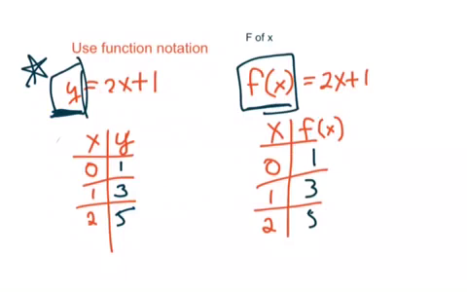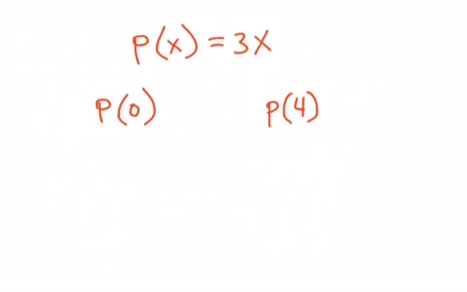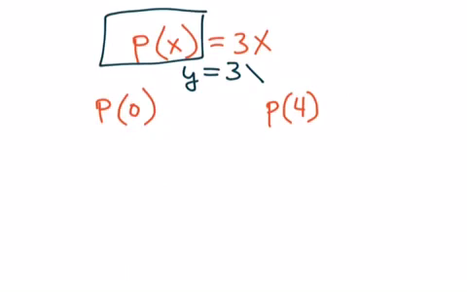So in this problem, this is pronounced p of x equals 3x. We can take this whole symbol, p parenthesis x, and replace it with a y. This is really just the problem y equals 3x. And then this right here is pronounced p of 0.